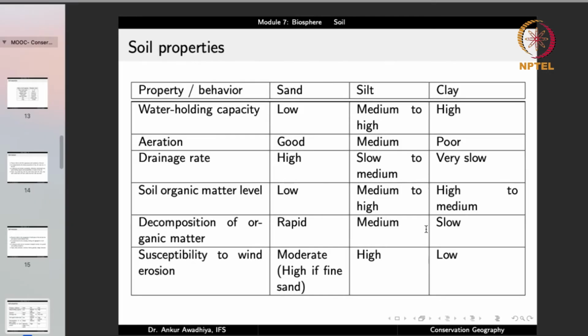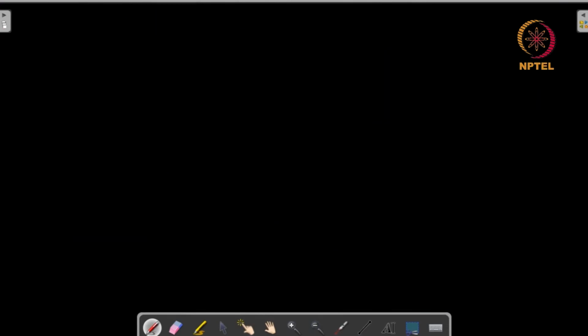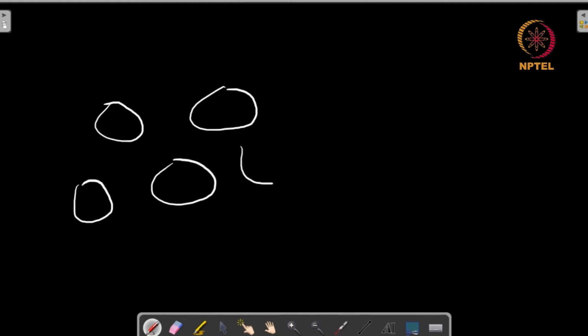What properties? Properties including the water holding capacity. How much water does the soil hold? So for instance, if we talk about sand, sand has a low water holding capacity. Why? Because sand is made up of coarse particles, large size particles, and these large size particles have lots of pores in between them.